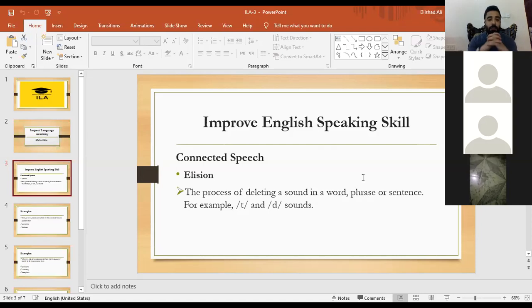Thank you. So when we talk about connected speech, it is all about sounds, what we hear, guys. It is not about what we see, as we talked about previously. For example, like is spelled L-I-K-E, with an E at the end of the word.